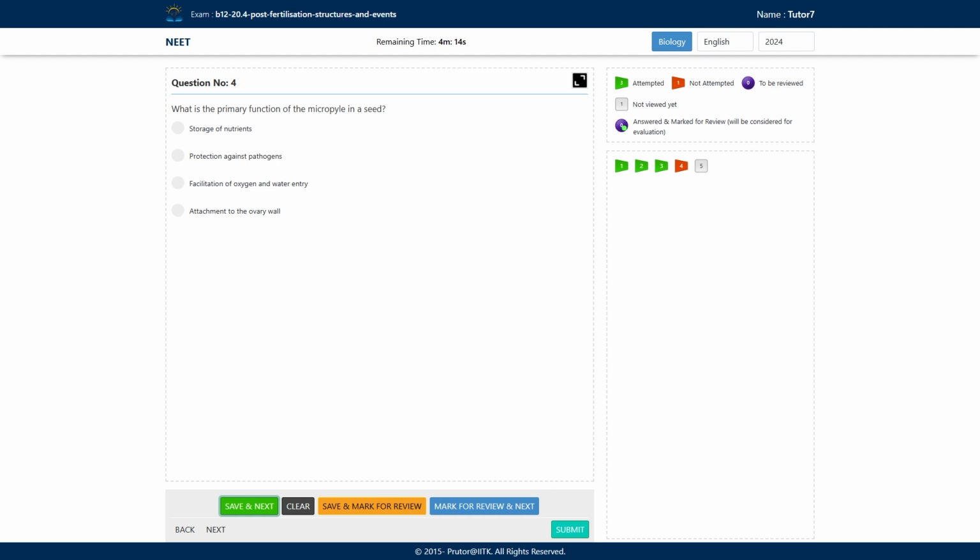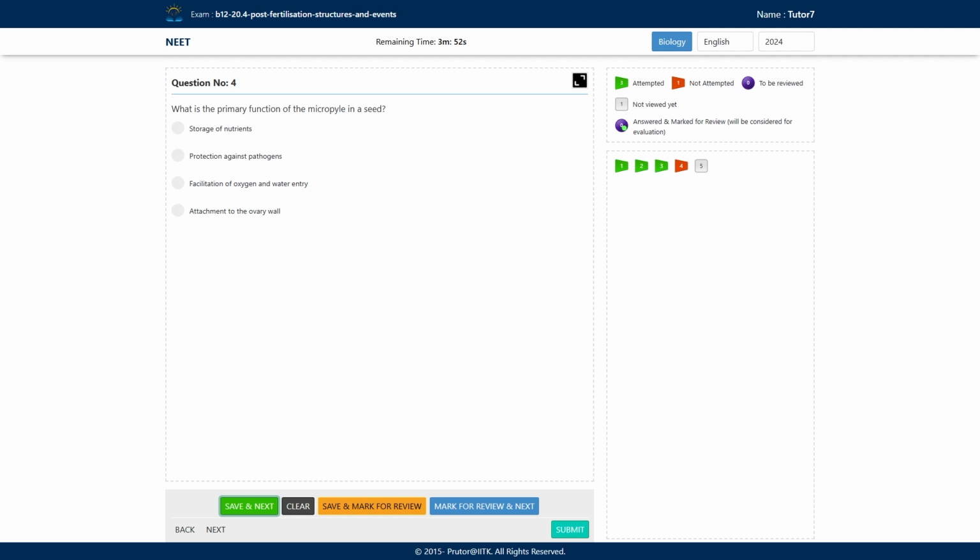The micropyle is a small pore through which oxygen could enter inside the seed, and also the water. The entry of water during the process of germination also occurs through this particular micropyle only, right? So option C is correct.